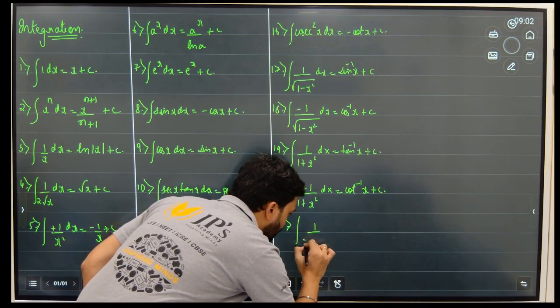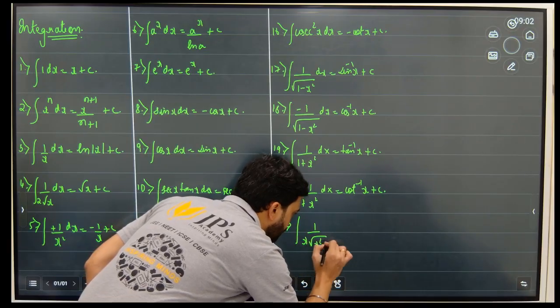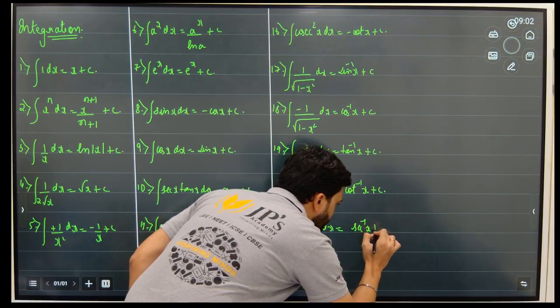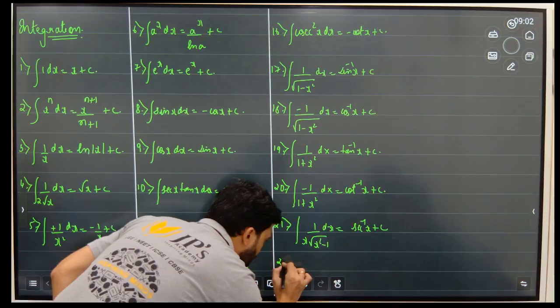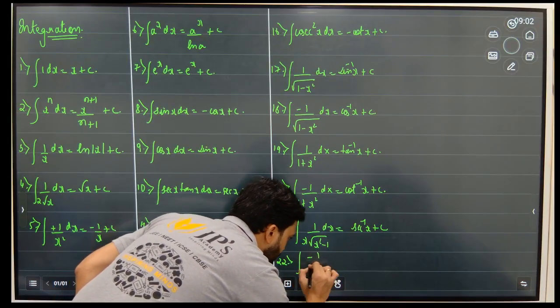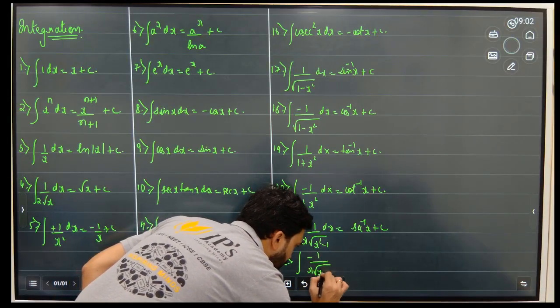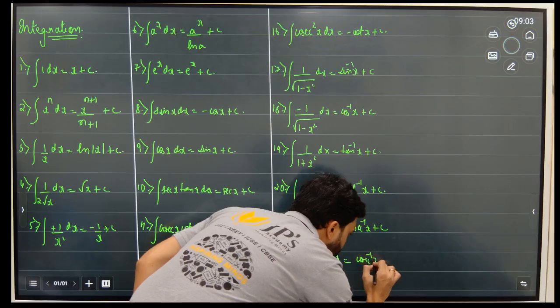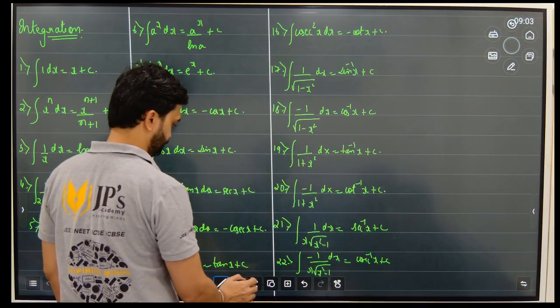Integration 1 upon x root of x square minus 1 dx is equal to sec inverse x plus c. 22. Integration minus 1 upon x root of x square minus 1 dx is equal to cosec inverse x plus c. Next.